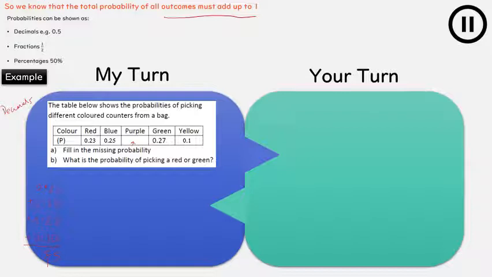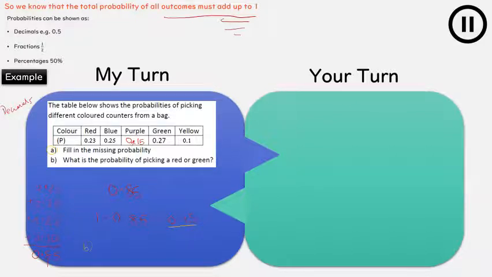Don't forget the decimal point. And then 0 is added up. So far, the total probability I've got is 0.85, but I know I need to make them add up to 1. So I need to do 1 take away 0.85, and that's going to give me 0.15. So I know the probability of purple must be whatever's left over to add up to 1, and that's 0.15. So that's my part A.